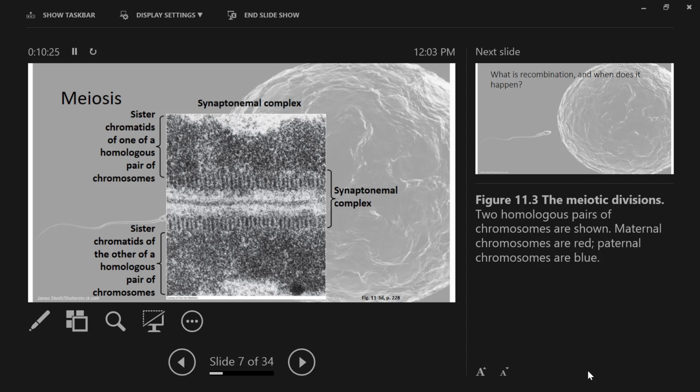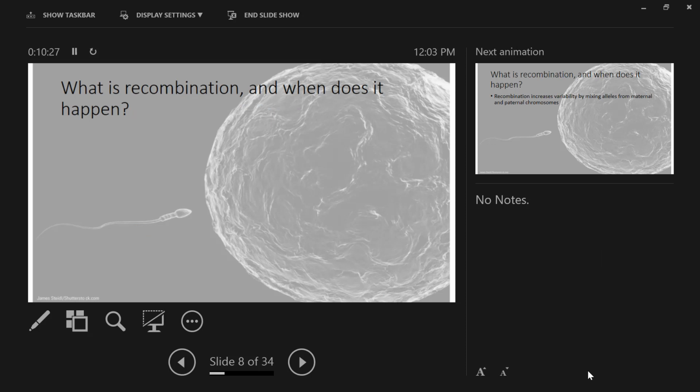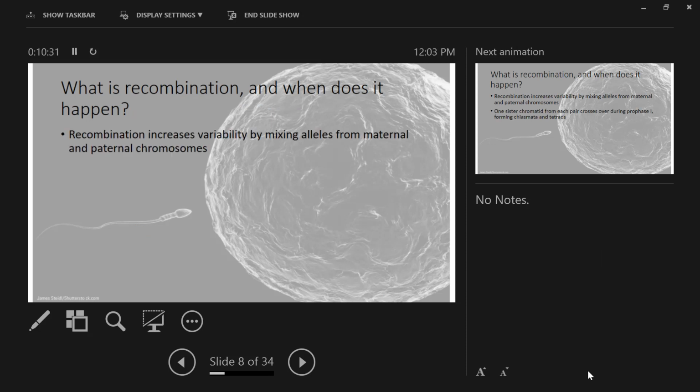Something unique is happening. To sum up what recombination is and when it happens: recombination is going to increase variability even further because it creates combinations that didn't exist before.